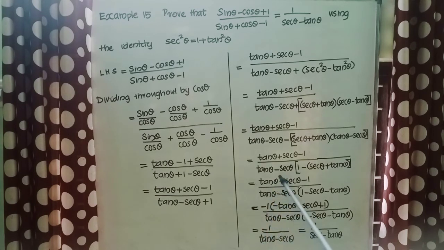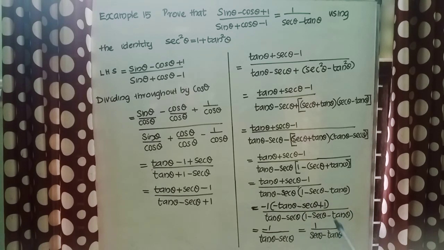We will get the reverse sign for all the terms. So I am taking the negative 1 from the numerator. We get minus 1 into, then this plus tan theta will become minus tan theta, plus sec theta will become minus sec theta, minus 1 will become plus 1, whole divided by (tan theta minus sec theta) into (1 minus sec theta minus tan theta).